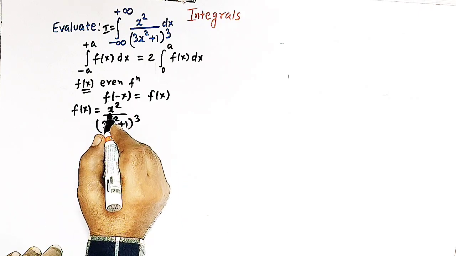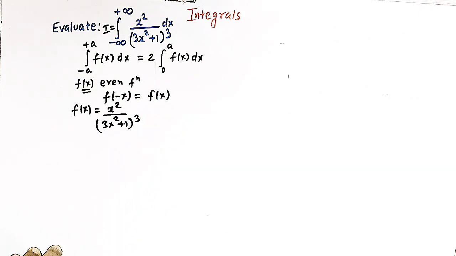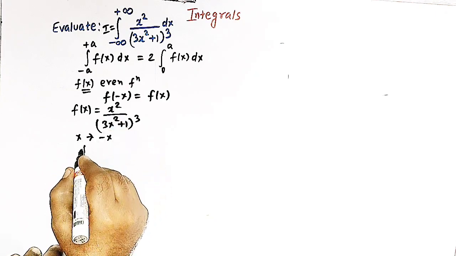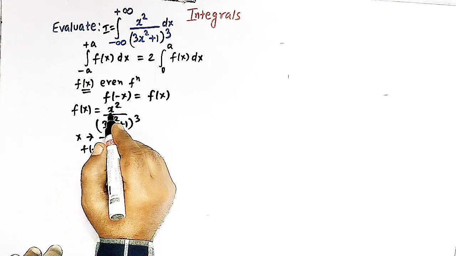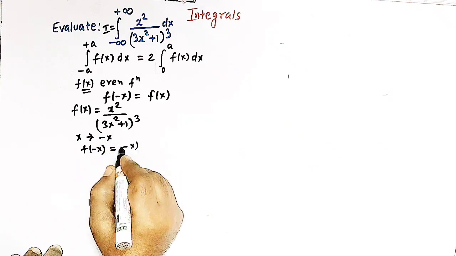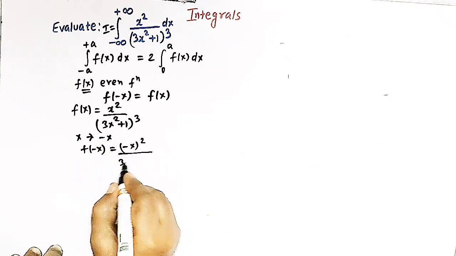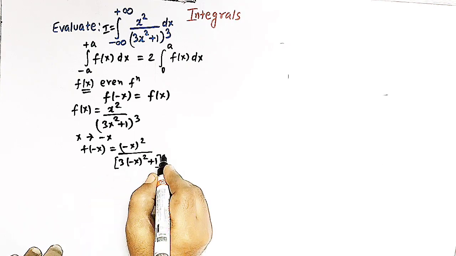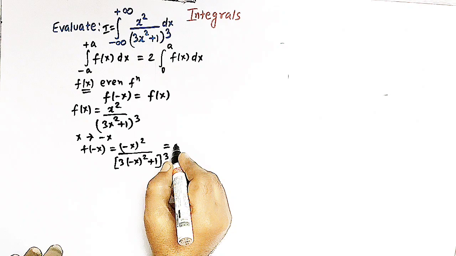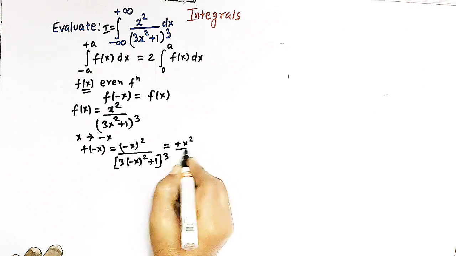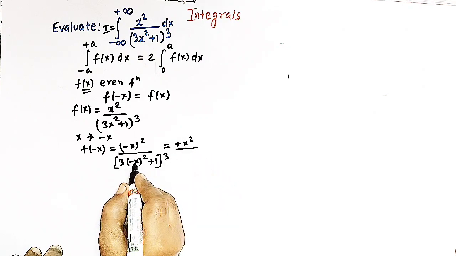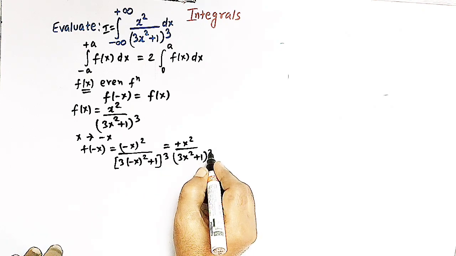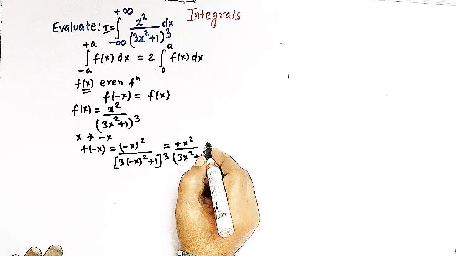And this function is an even function, which we can see easily by replacing x by minus x. So f of minus x is given by minus x square, and here we have 3 times minus x square plus 1, and here we have cube. So minus x square is a positive x square, and here also we have positive x square, so this is x square over (3x square plus 1) cube, and this is our function f of x.